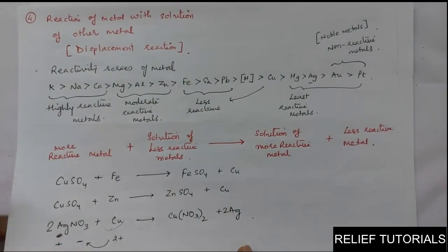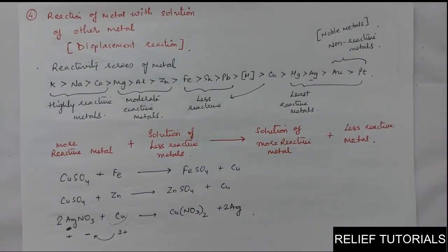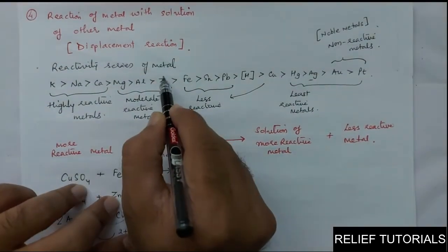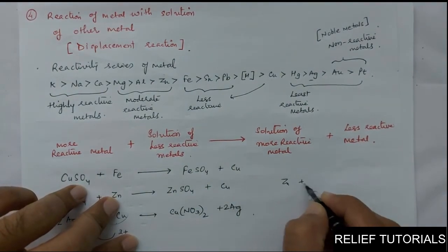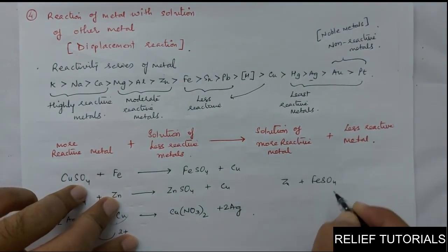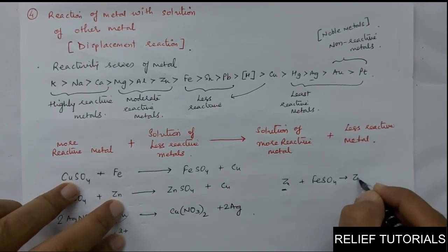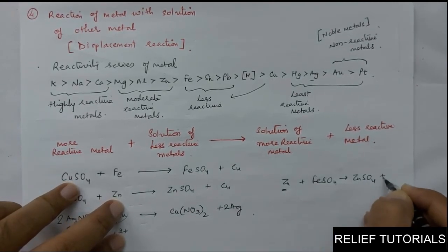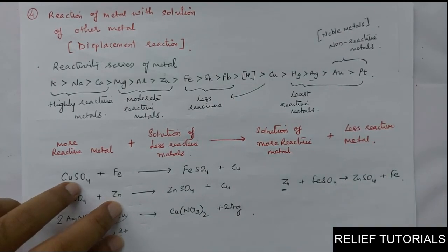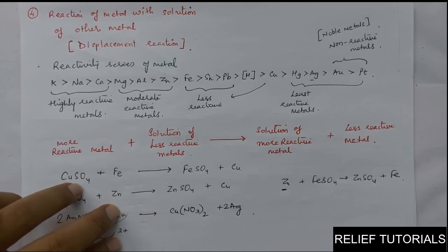The question is when zinc is added to iron sulfate. Zinc is more reactive than Fe, so it forms ZnSO4 and iron is liberated. So what is the observation? The observation is zinc is a more reactive metal, so it displaces iron and it forms zinc sulfate and iron is liberated.